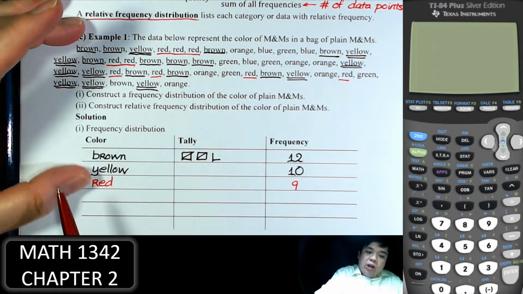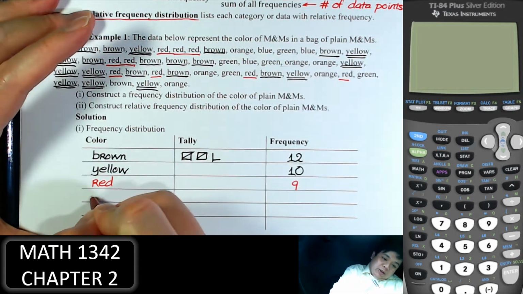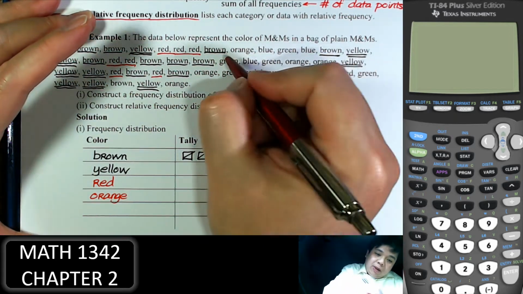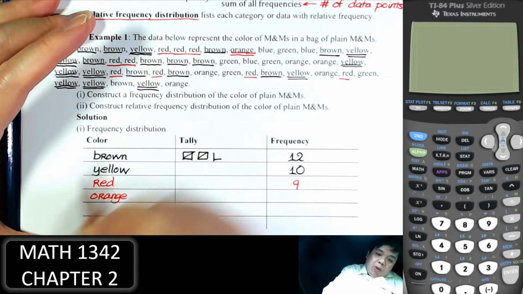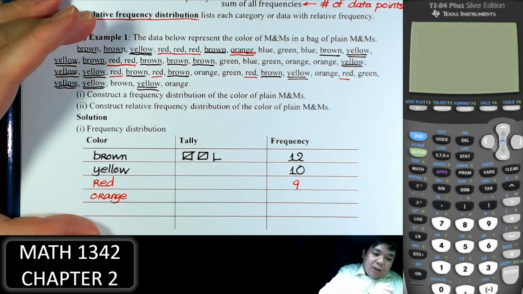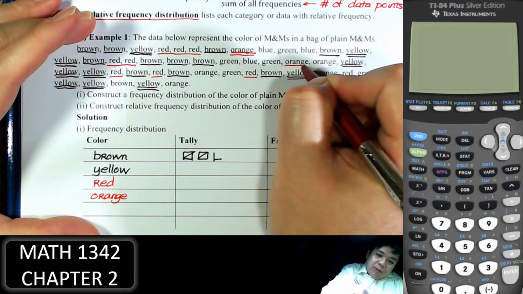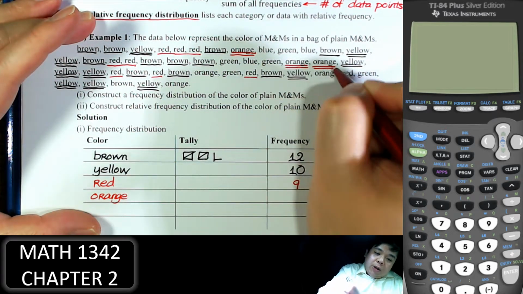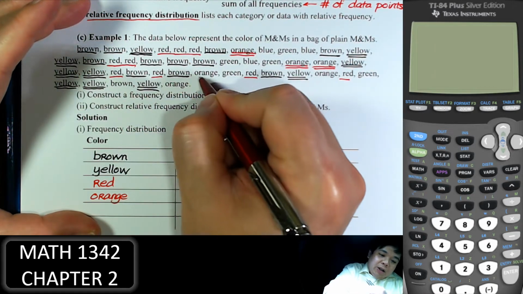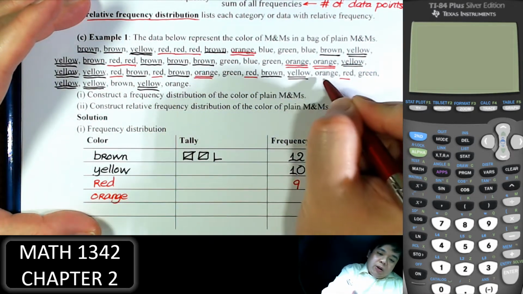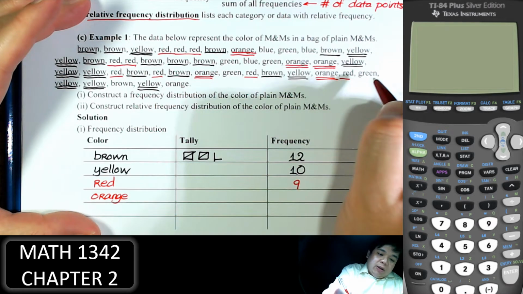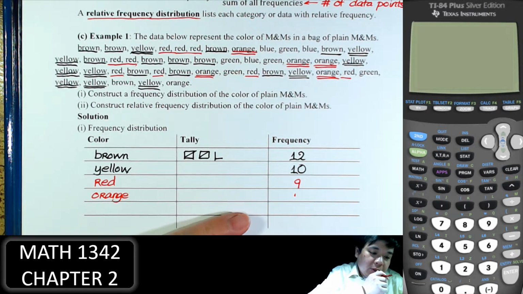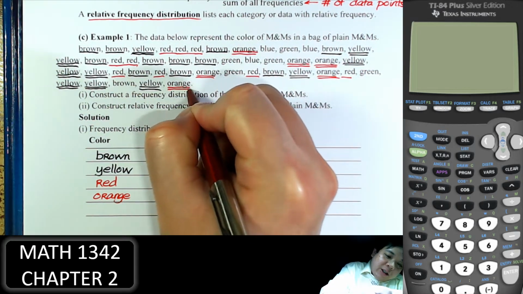Next will be orange. 1, 2, 3, 4, 5, forgot the last one, 6.